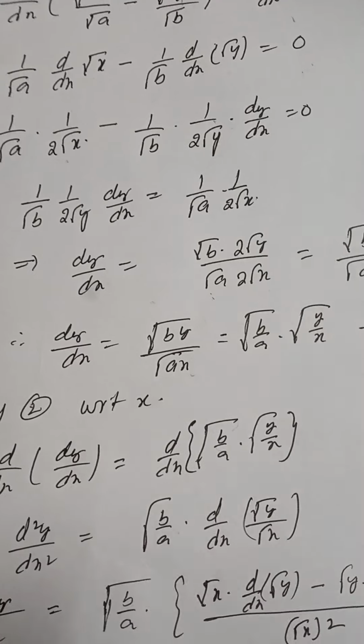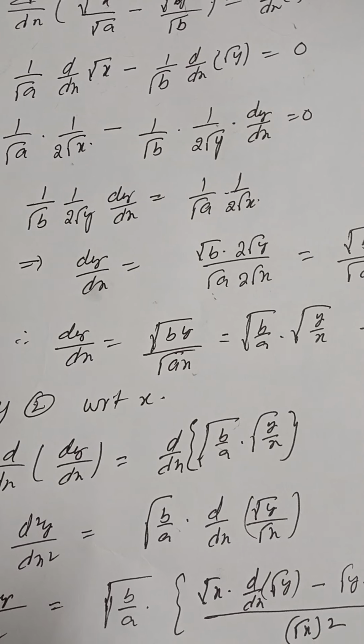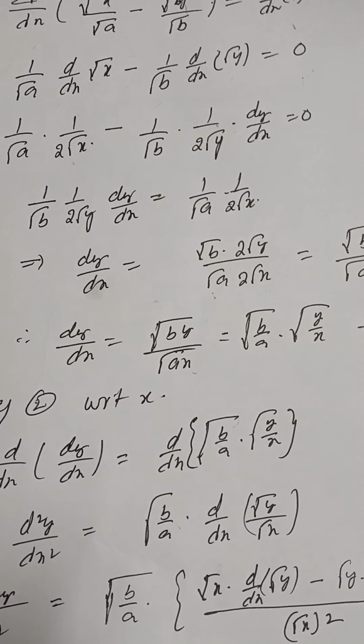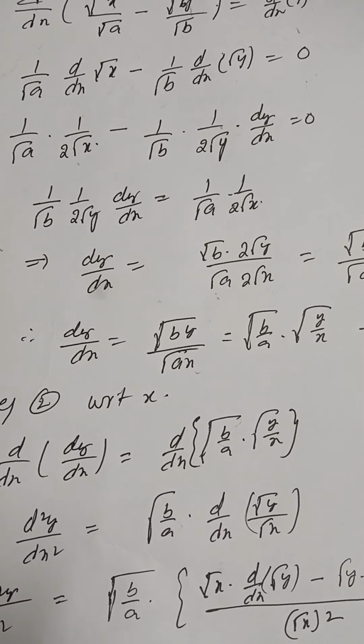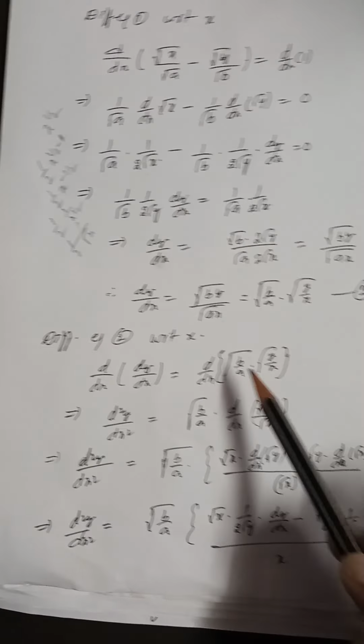Now, if you want to find the radius of curvature, we need dy by dx and also d square y by dx square, right? We already know dy by dx. We have to find d square y by dx square. That's why once again you have to differentiate dy by dx with respect to x.